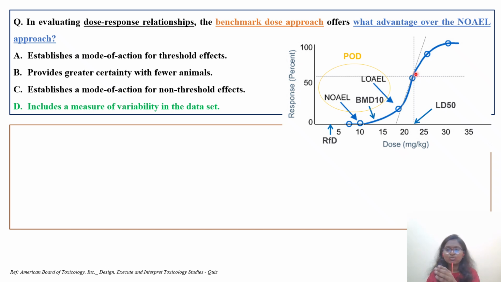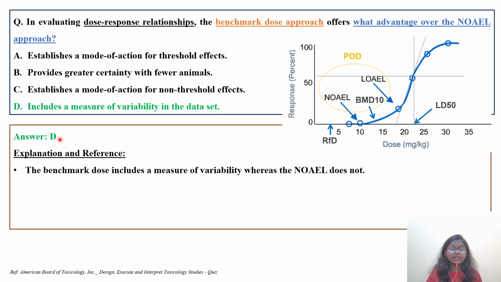At 400 or 500, he will become unconscious, and more than that he will die. The same chemical at various concentrations or doses shows different adverse effects. First it affects your CNS, then your liver, then it causes death. Like that, it includes a measure of variability in the data set.